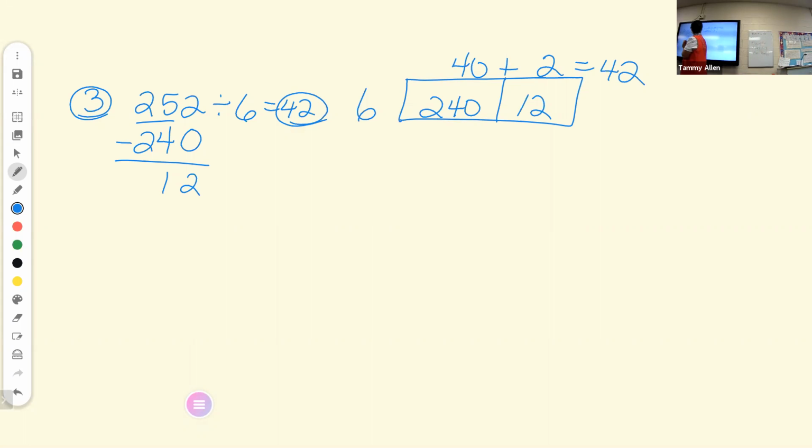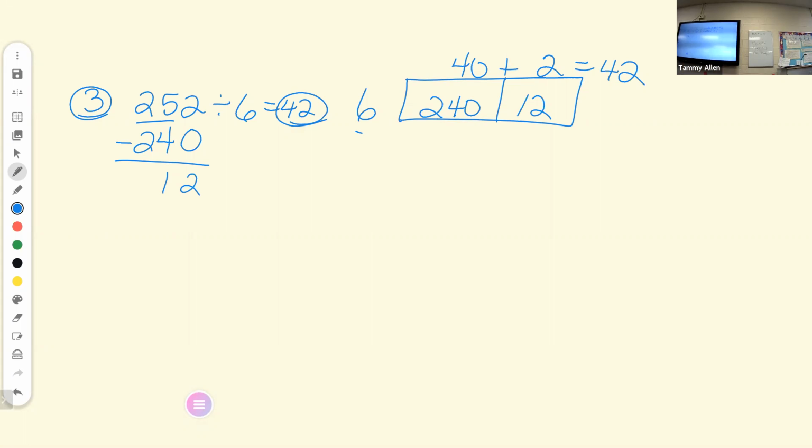Oh, I added these two together. 240 divided by 6, and 12 divided by 6. Does that do it for you? Okay. Make sure you're asking questions when you're stuck, folks.